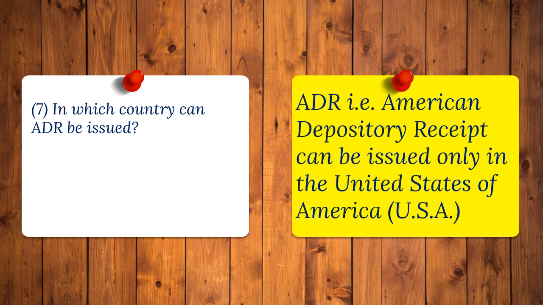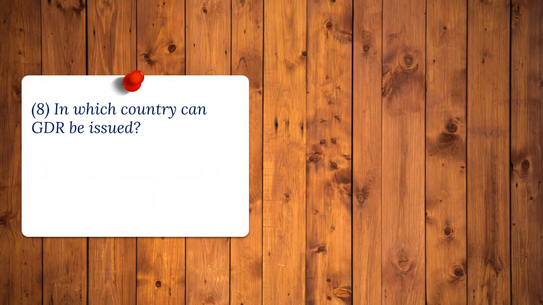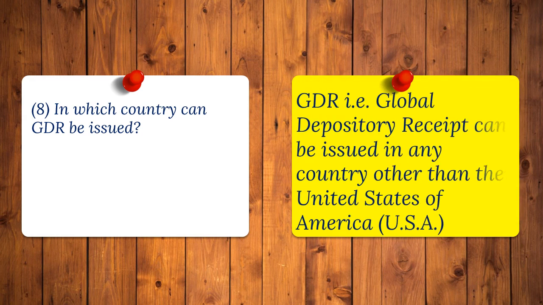A DR, that is American Depository Receipt, can be issued only in the United States of America, that is USA. 8. In which country can GDR be issued? Answer. GDR, that is Global Depository Receipt, can be issued in any country other than the United States of America, that is USA.